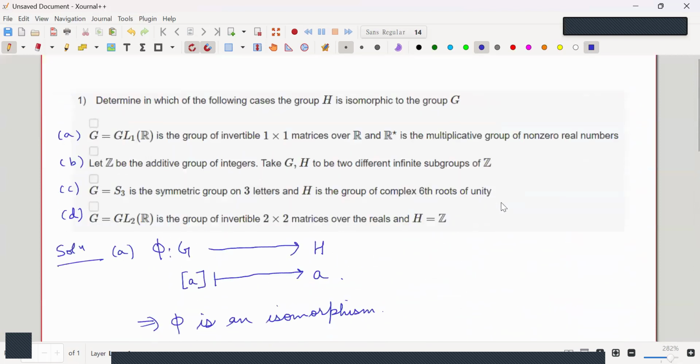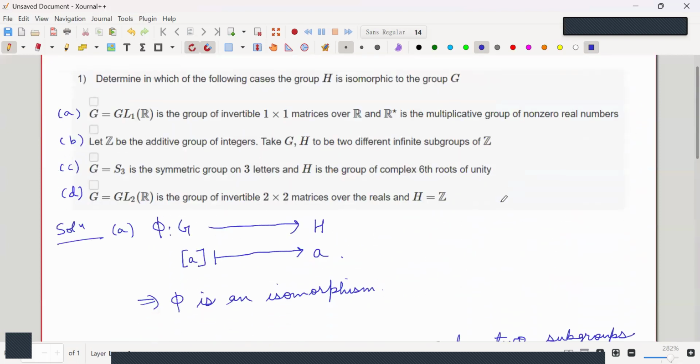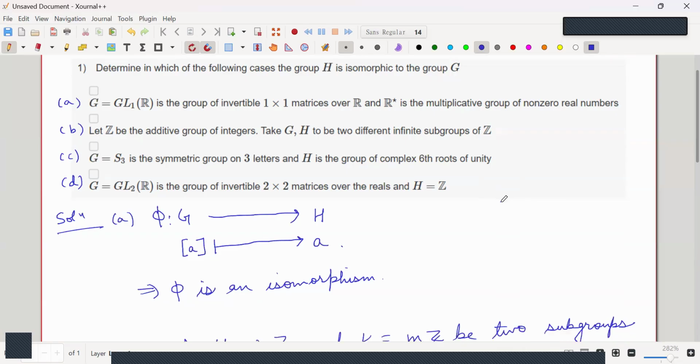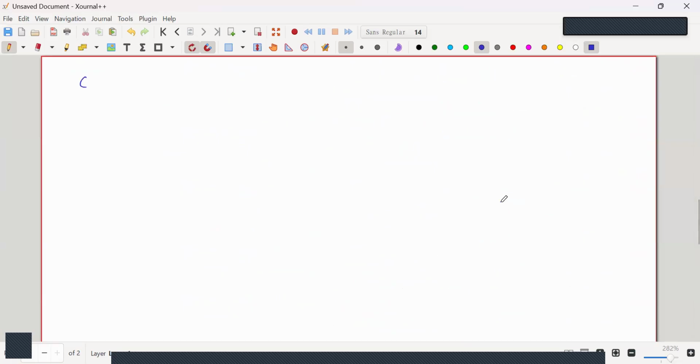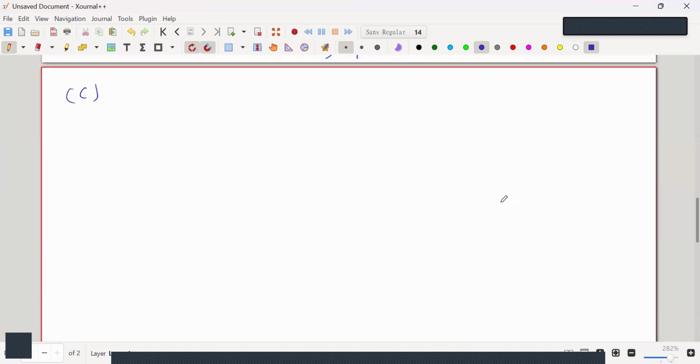Maybe we can move to the next part. We have S3, the symmetric group on three letters, and H is the group of complex sixth roots of unity. Are they isomorphic? No. The reason: the group of complex sixth roots of unity is a cyclic group, but S3 is not cyclic.